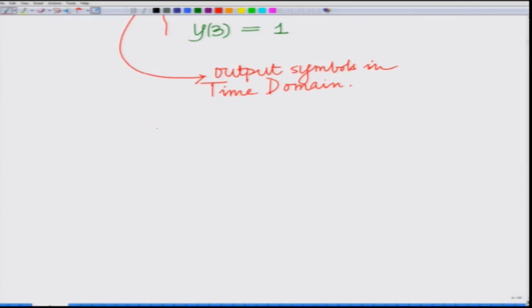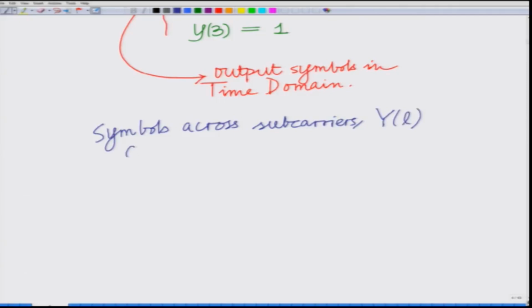which means I have to take the n equal to 4 point FFT. So, the symbols across the subcarriers YL are given as, well, we can write the expression for that.